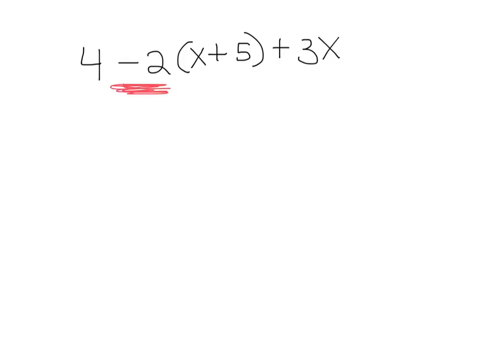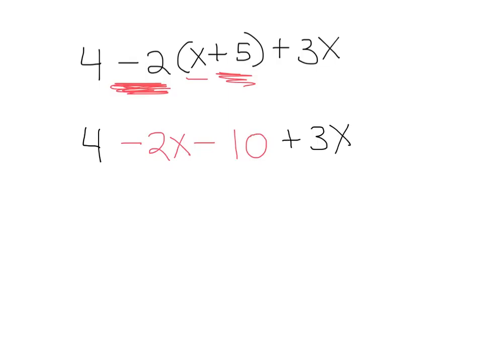We're going to first write down the 4, and then we're going to do negative 2 times x is negative 2x, and then negative 2 times positive 5 is negative 10, and then we're going to copy down that 3x.